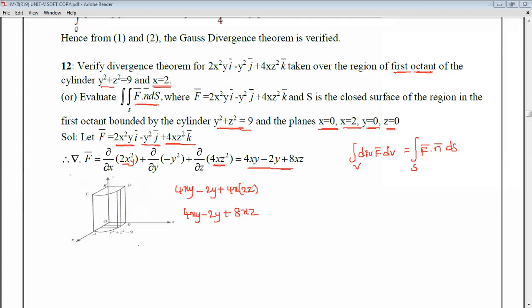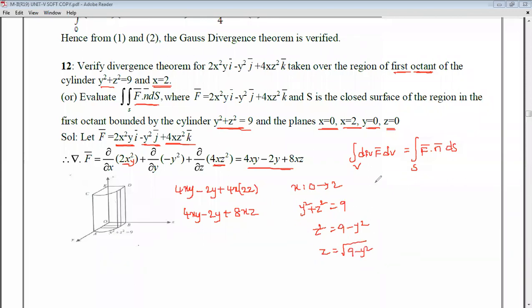Here, the x limits they already give: x is from 0 to 2. Next, coming to the y and z limits, y square plus z square is equal to 9. So z square is equal to 9 minus y square, and then z is equal to the square root of 9 minus y square.